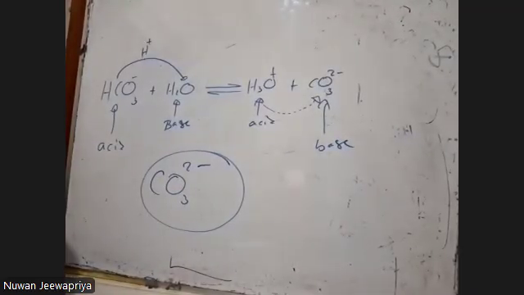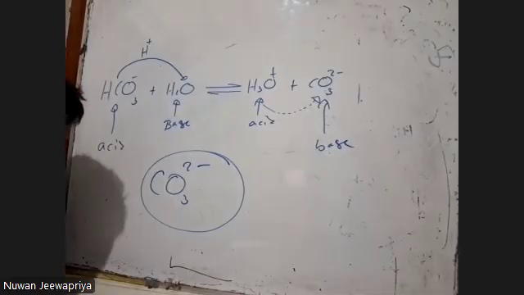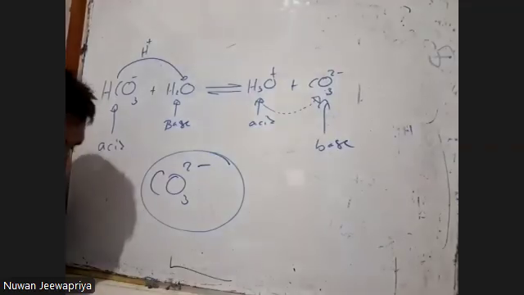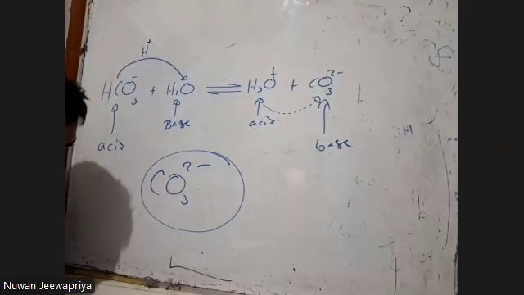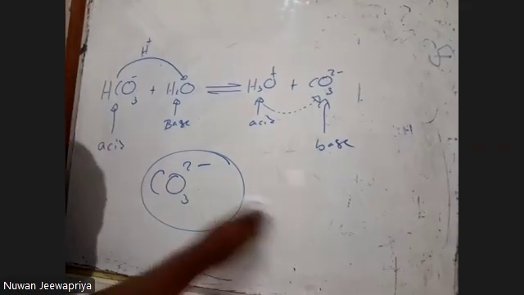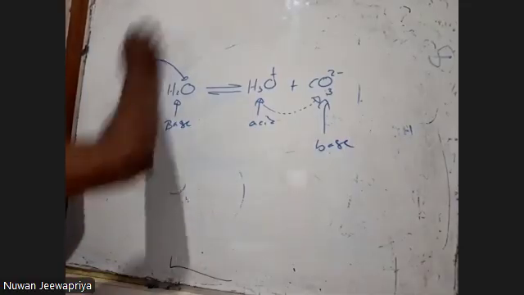The next one, we go to question number 22. In question number 22: the pH of a 1.5 moles per cubic decimeter solution of hydrochloric acid is. That's quite an easy question.